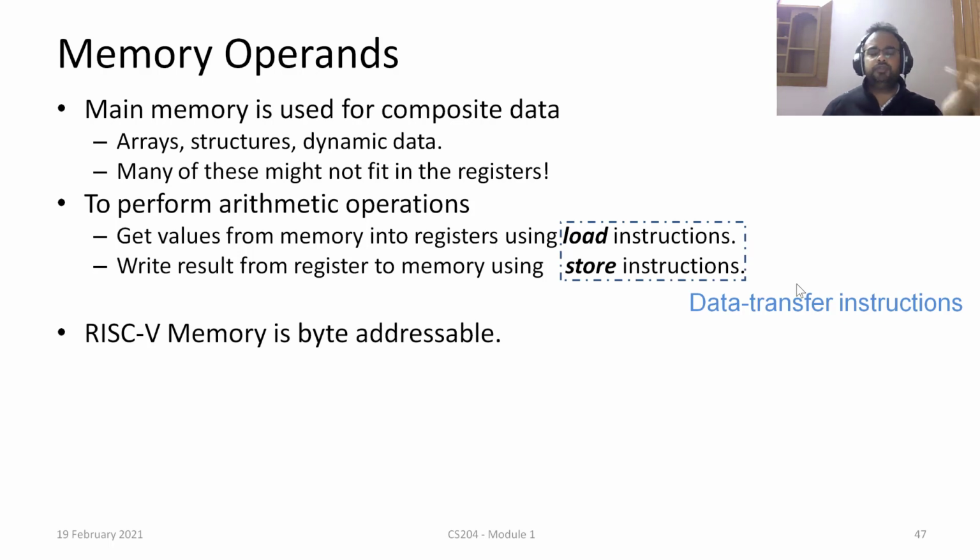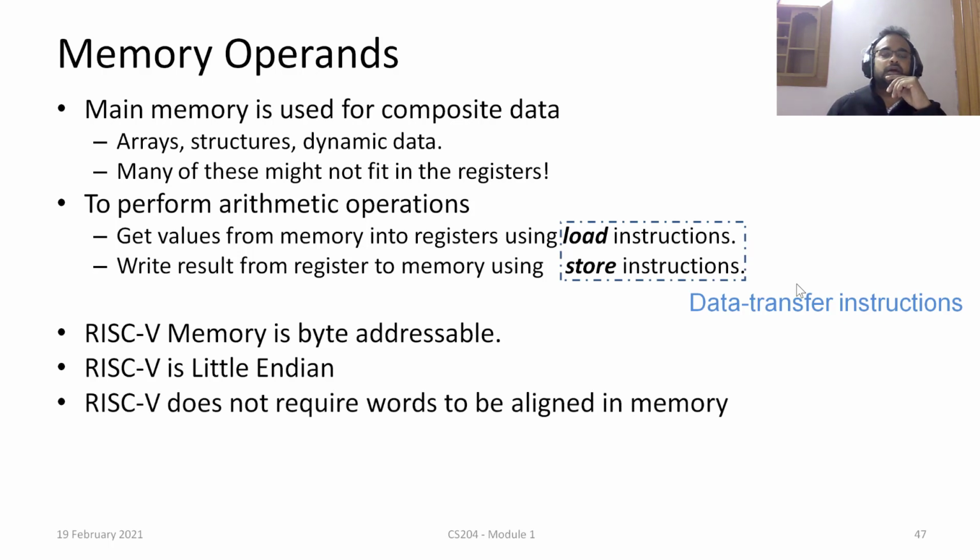The memory of RISC-V is byte addressable, and little endian assignment or alignment is followed. And if we look at the word alignment aspect, RISC-V does not require words to be aligned in the memory.